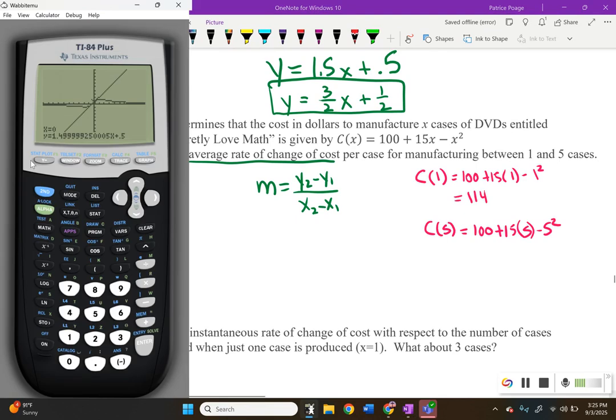So second quit, I have 100 plus 15 times 5 minus 5 squared. Enter. And that's 150.